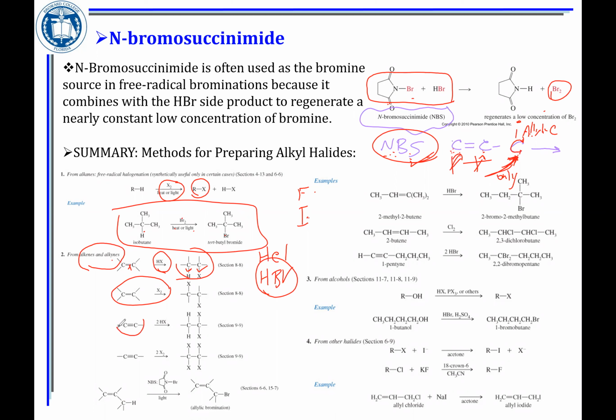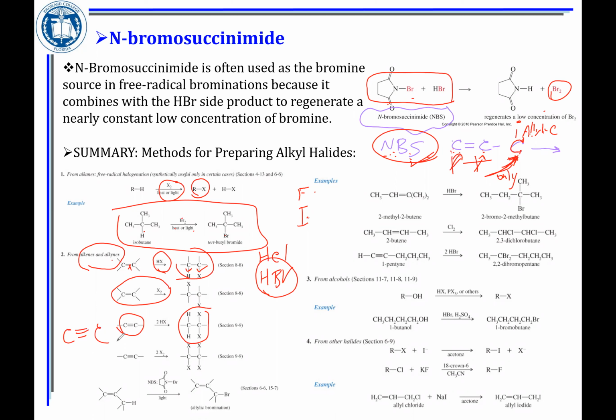If you start with an alkyne, which has a C≡C triple bond, and add 2 moles of HX, you break both pi bonds and you get the dihalide. In this case, you would get a geminal dihalide.